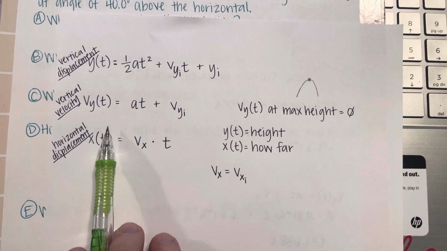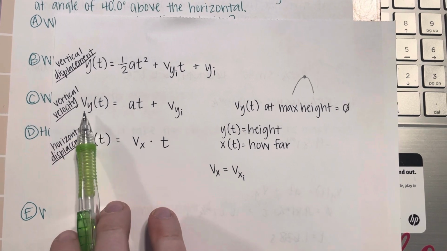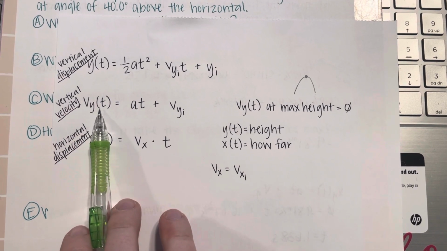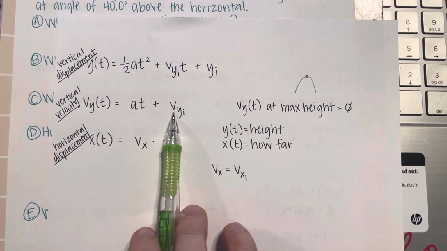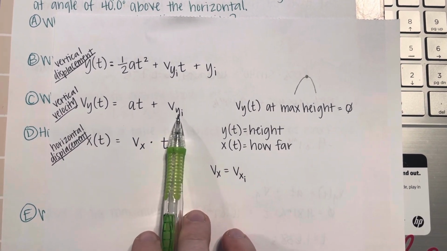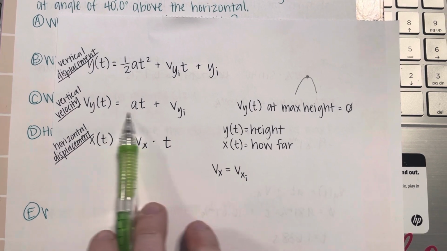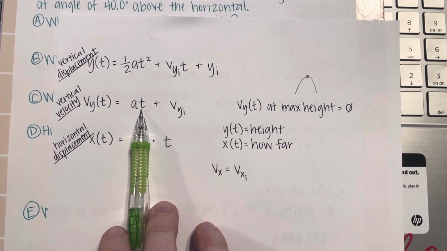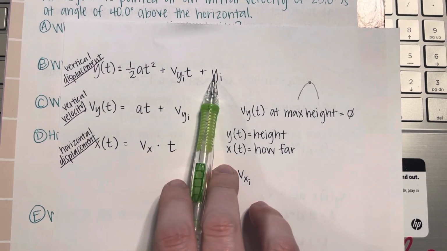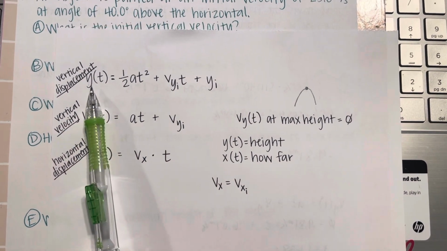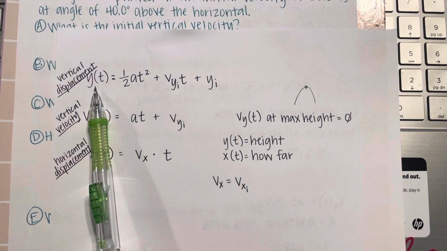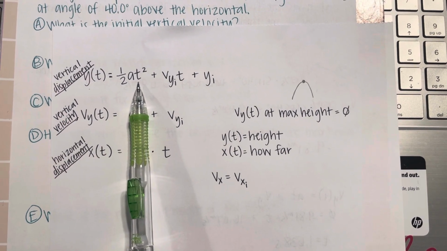That comes in handy because I can use that to help me find the time. If I know Vy of t is 0, I know the acceleration, and I know VYI because I just calculated that. Now I can use this formula to find t. Okay, I can't use this formula yet because I don't know y of t. I don't know how high it's going. I don't know what max height is, and I don't know t.